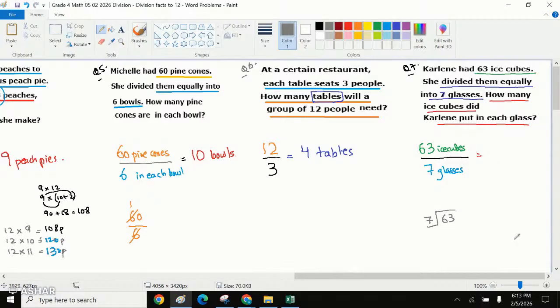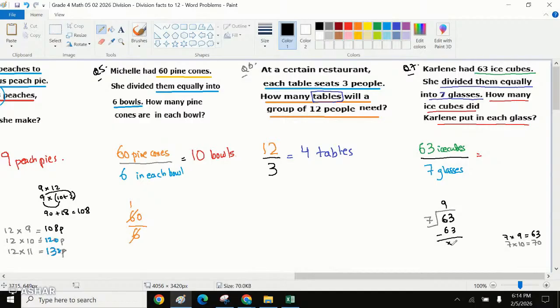Because we know that 7 multiplied by 10 is 70, and the number we have is 63, which is less than 70. So let's try 7 multiplied by 9. That comes out to be 63.